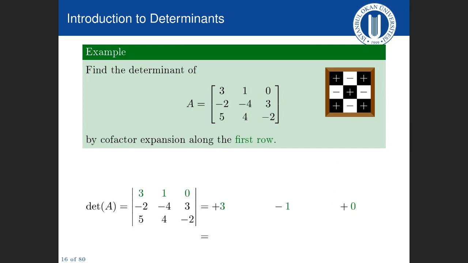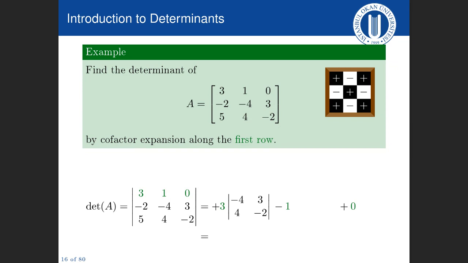And then we need the minors of each entry. Not cofactors, because we've already put the pluses and the minuses. We need the minors. The minor of entry A11: we cross the first row and the first column out. We're left with the determinant of minus 4, 3, 4, minus 2.